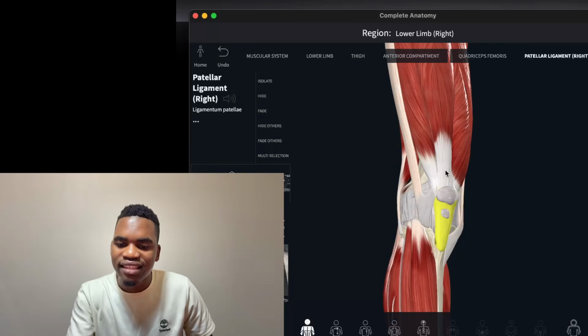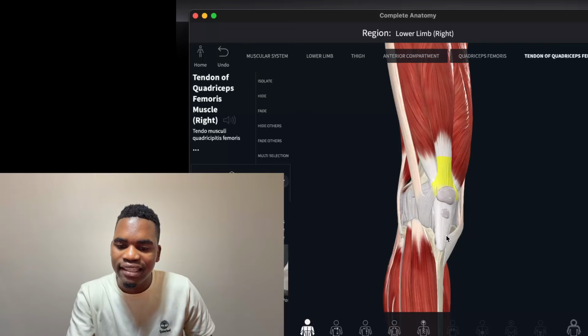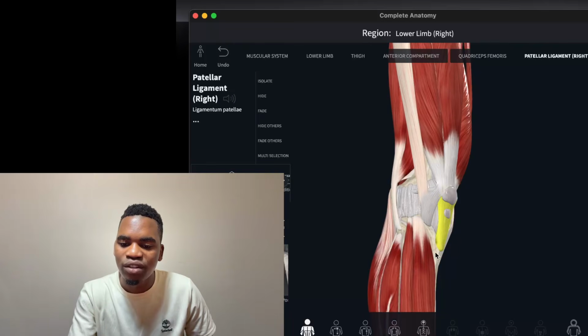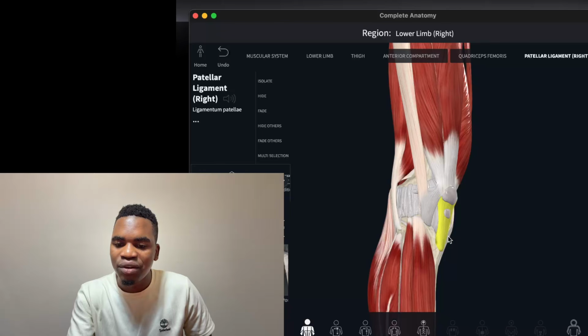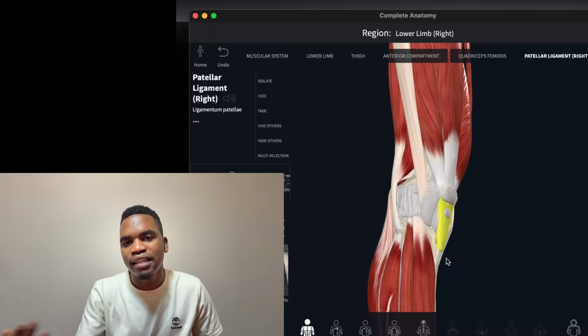Remember, this is a tendon because a tendon connects muscle to bone, but this here is a ligament because a ligament connects bone to bone. Now the tendon of quadriceps femoris is going to insert into the tibial tuberosity, but not directly, indirectly by way of the patella, and it inserts as the patellar ligament.